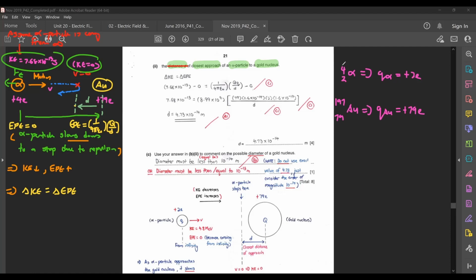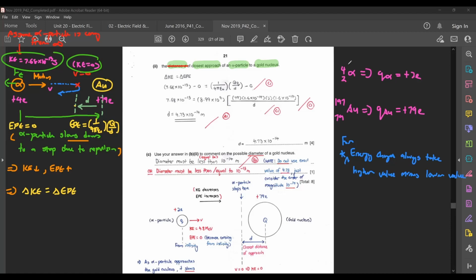Now, one thing that I probably would have mentioned to you guys in the AS part for work energy power, for energy changes, always take the higher value minus the lower value.